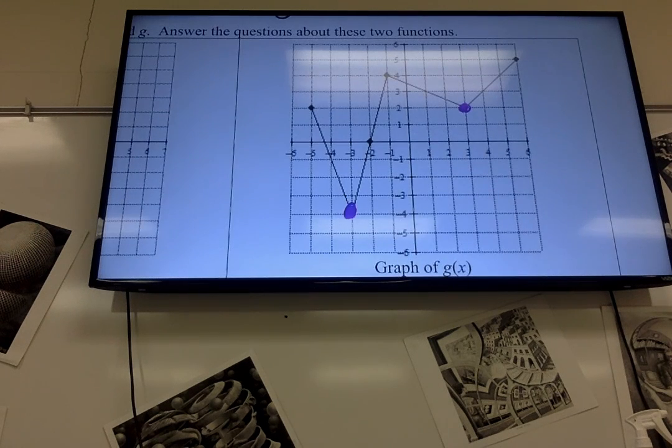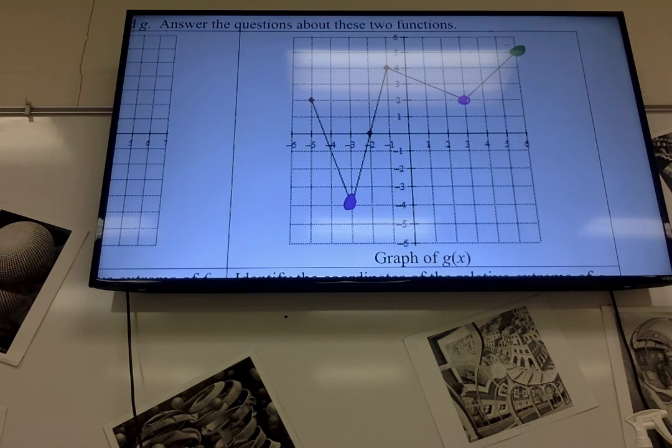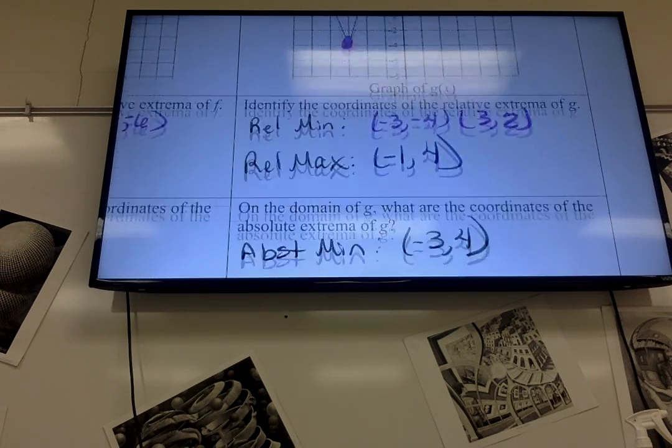And what's the highest point period? (6, 5). Yeah. This is the highest point. It's not relative because I don't have anything on the other side to show that it's relative to something being a relative max, but it is an absolute max. So (6, 5).